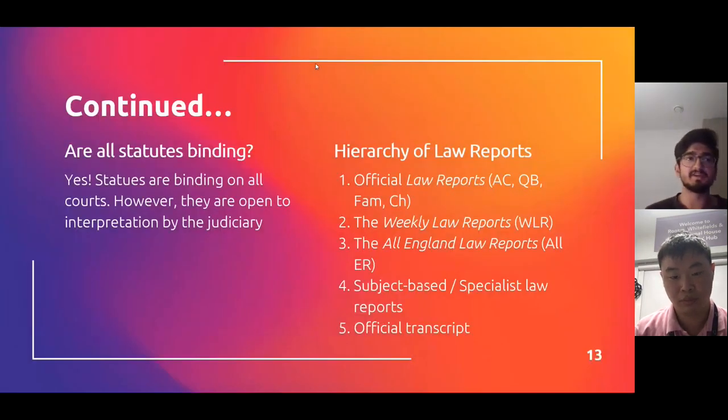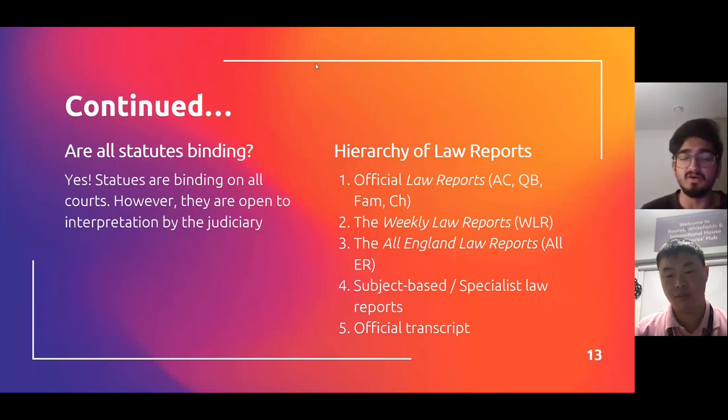Looking at statutes, statutes can also be considered as part of moot problems. It's generally, from my experience, and I'm sure Harry can agree, considerably less common than case law. But what you have to remember is statutes are binding on all courts, because of a very important principle within our constitution known as parliamentary sovereignty.